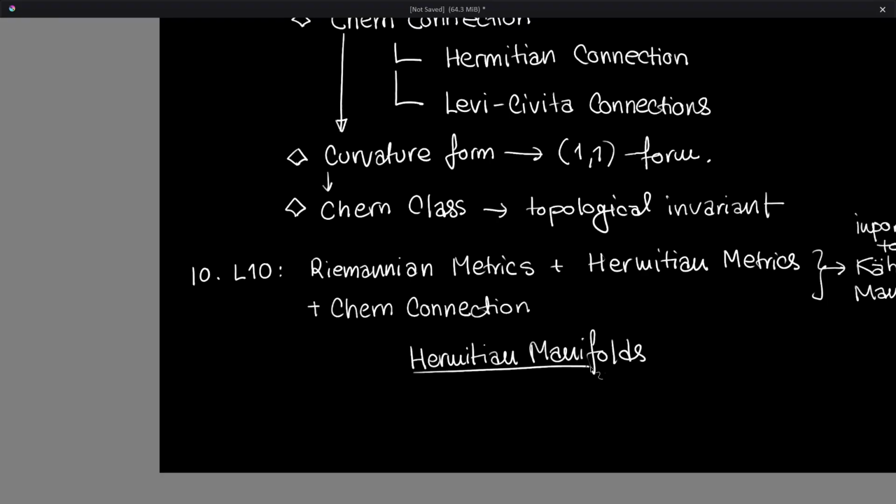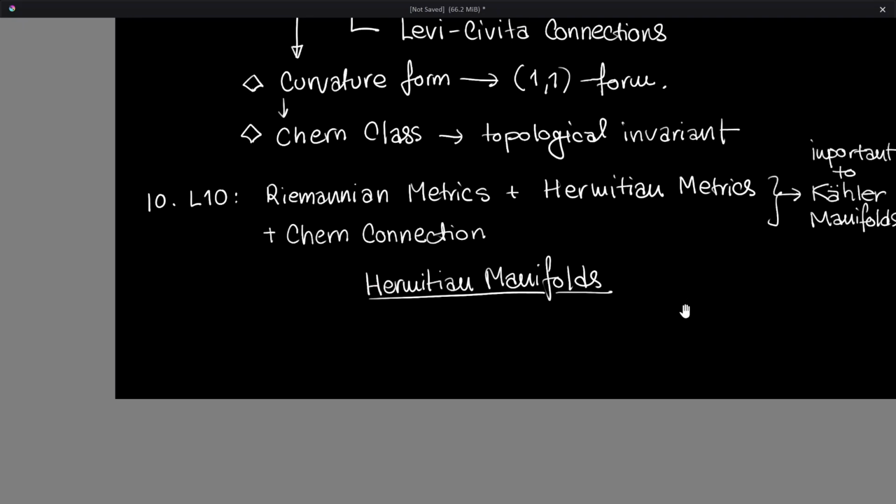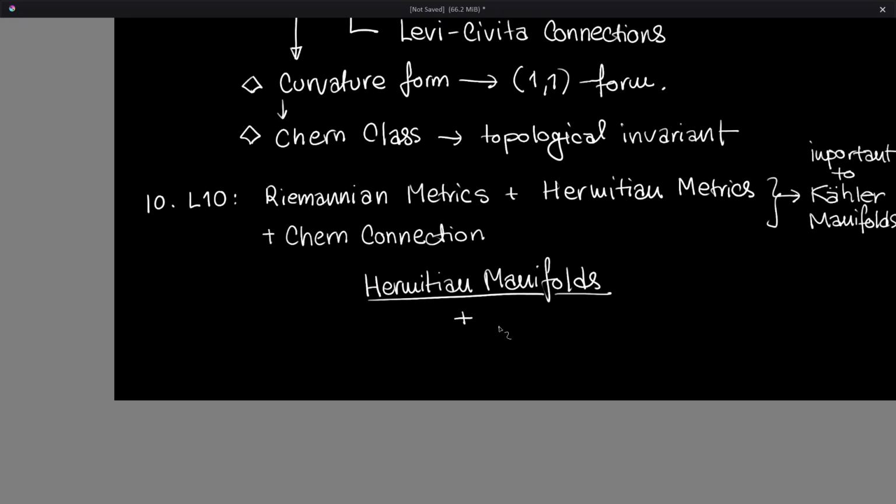In some sense, it's the most complicated kind of complex manifold that we've made so far. There's something that we can add to a Hermitian manifold that turns it into a Kähler manifold. It's called the Kähler condition. The next thing we're going to do is look at the Kähler condition, and that's going to turn it into a Kähler manifold.